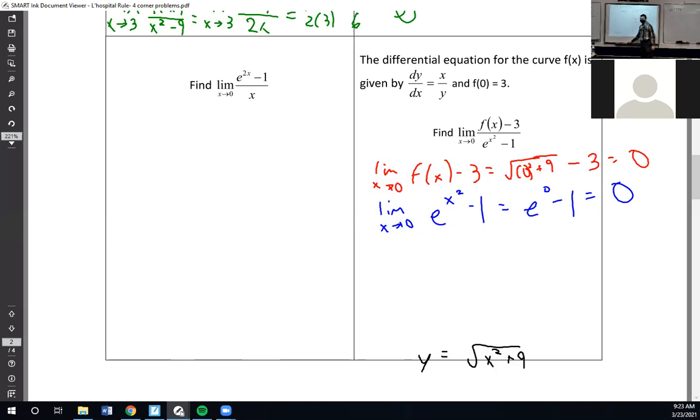And we have 0 over 0. We have them both differentiable, so we can use L'Hopital's rule. Limit of f of x minus 3 over e to the x squared minus 1.